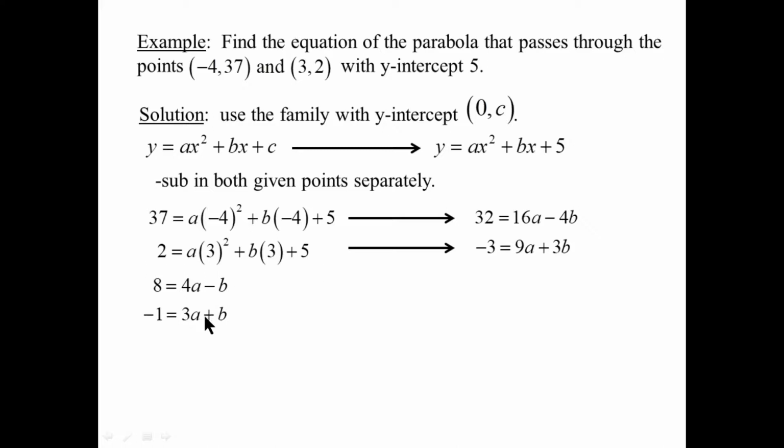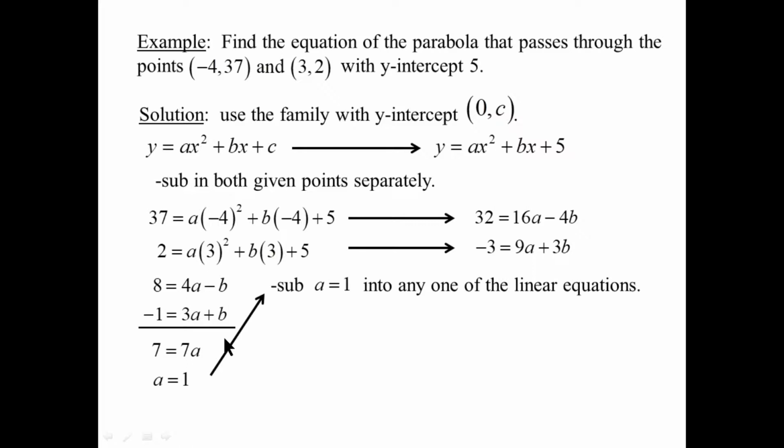We have a negative 1b, we have a positive 1b. So we can draw a line here and eliminate those b's by adding, because minus b plus b is nothing but vapor. Performing the operation of addition, 8 plus minus 1, 4a plus 3a, we have 7 equals 7a, so a equals 1.